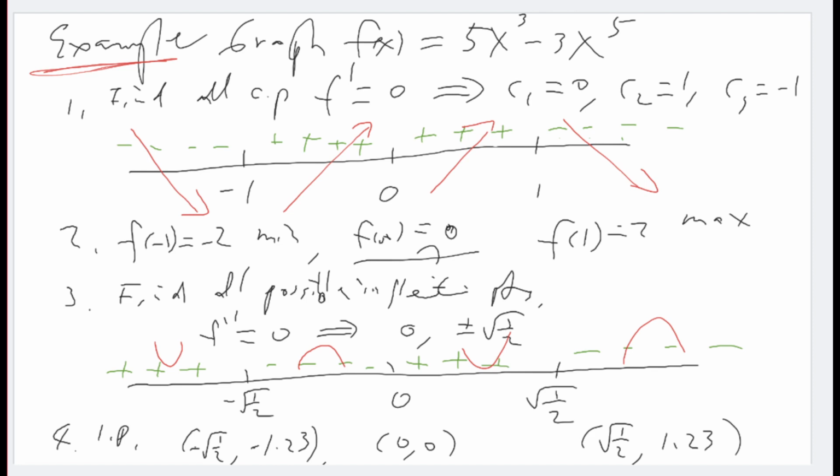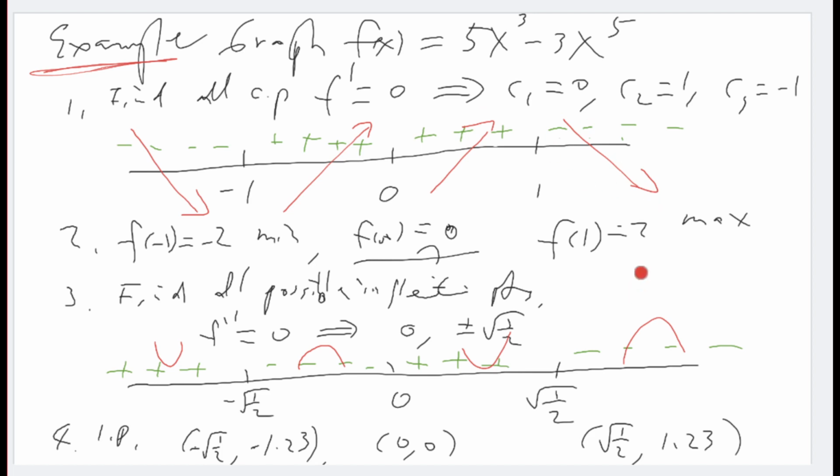Because of the decreasing-then-increasing behavior, we expect a minimum at this location, and nothing here. We expect a maximum where it goes up and down, like going over the top of a hill.